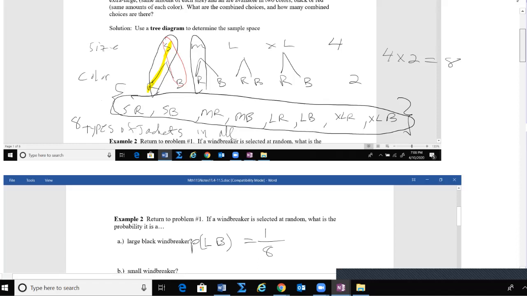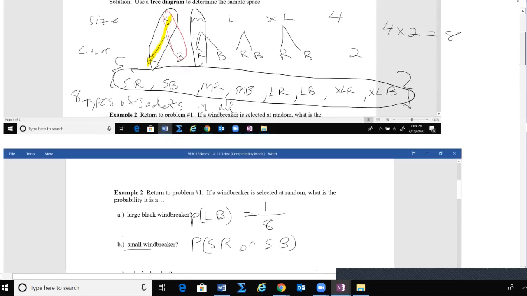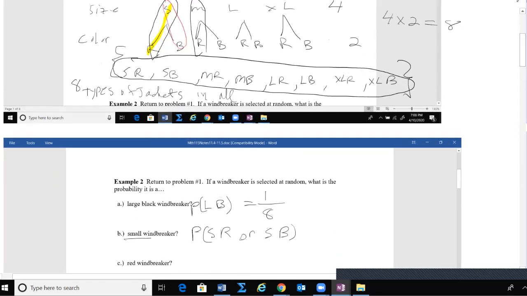Okay, so let's go down. Small windbreaker, that's probability of a small red. So it says small. Okay, it's small red or small black. If either one of those turns up, we have a so-called success. So here, notice I have 2 out of 8 that fit that description.